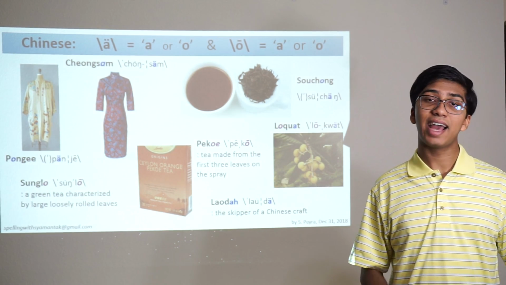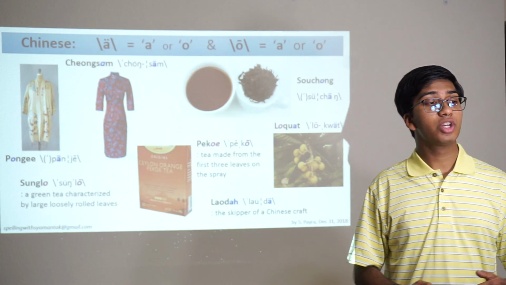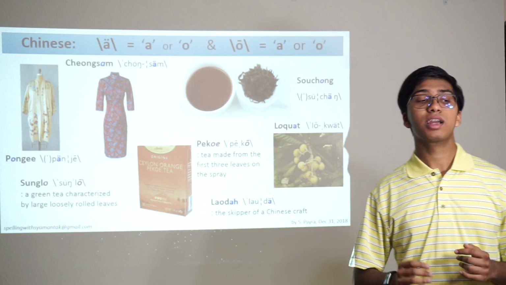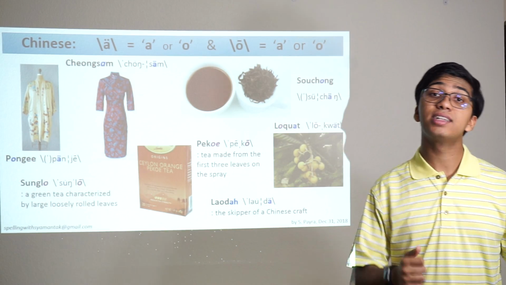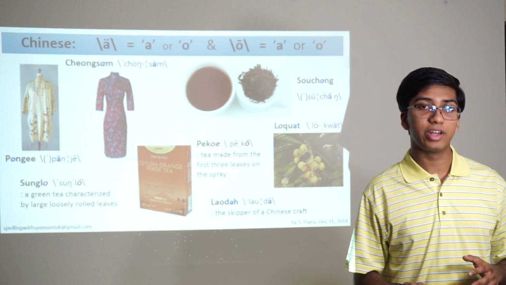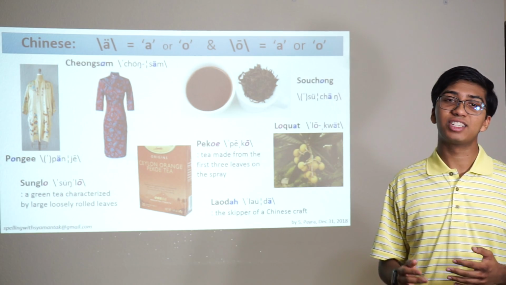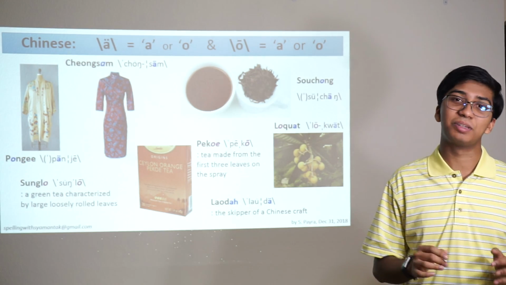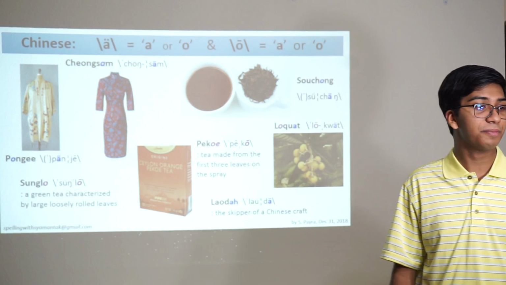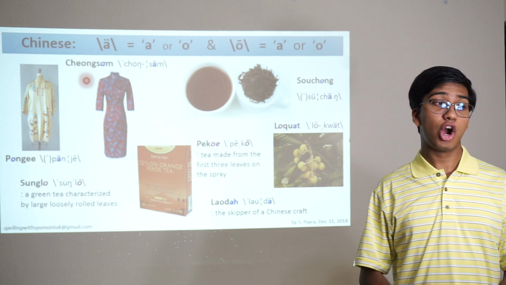That system isn't as widely used now with the advent of the pinyin system, so many of these words, especially the ones that come from either Cantonese or Pekingese, are going to have sometimes somewhat illogical spelling patterns. And the reason for that is just the way that this system had of writing down Chinese words in English. And I'll explain that when I get to it. But we start with the A sound having an A or an O.